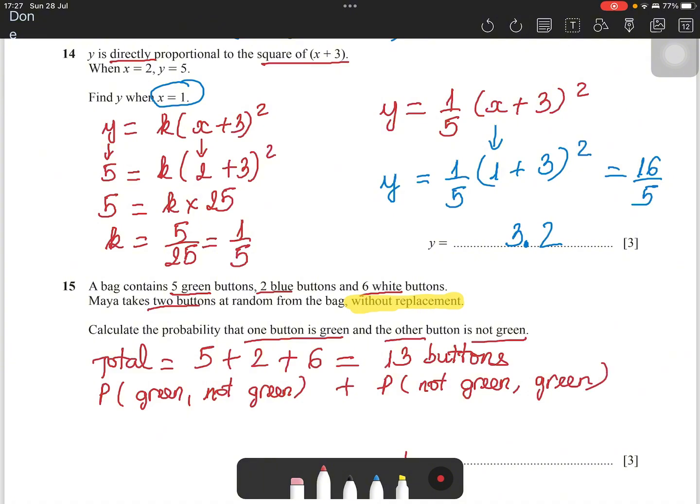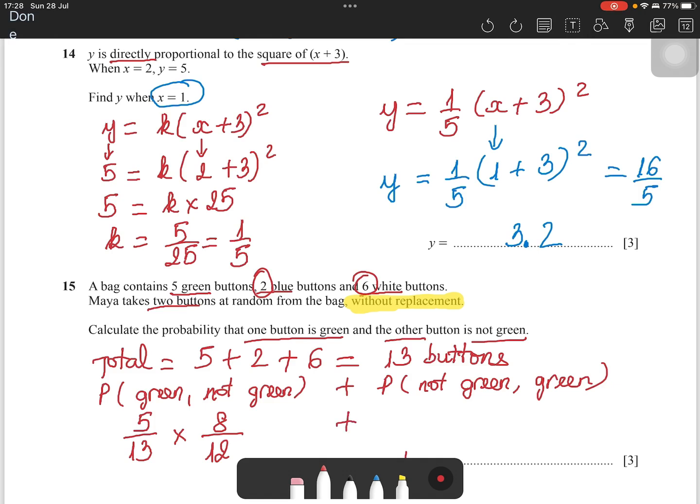For the first one, if I want the first button to be green, then the probability is 5 out of 13. And the second button will be, 2 plus 6 is 8. So it is 8 out of 12 because we take it at random without replacement. So after taking one green, we only have 12 buttons left.